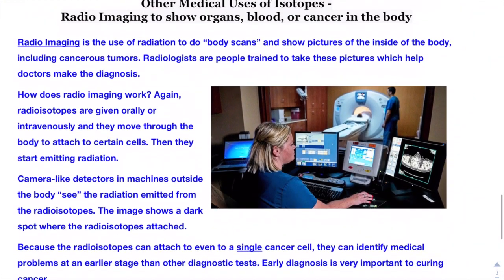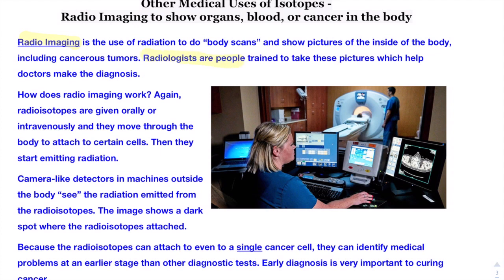So we're here. Other medical uses of isotopes. Radio imaging to show organs, blood, or cancer in the body. Radio imaging, so the word image is like a picture, a photo, an image. Radio imaging is the use of radiation to do body scans and show pictures of the inside of the body, including cancerous tumors.